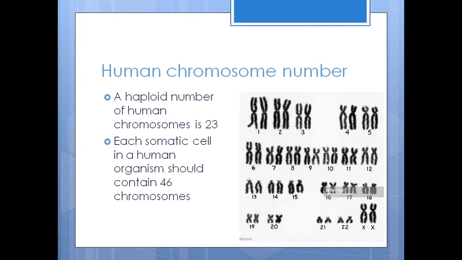You are obliged not only to know the general idea of a karyotype, but also you have to know how the typical human karyotype looks like. So what should be known? You have to know that the typical number in the haploid set of human chromosomes is 23.